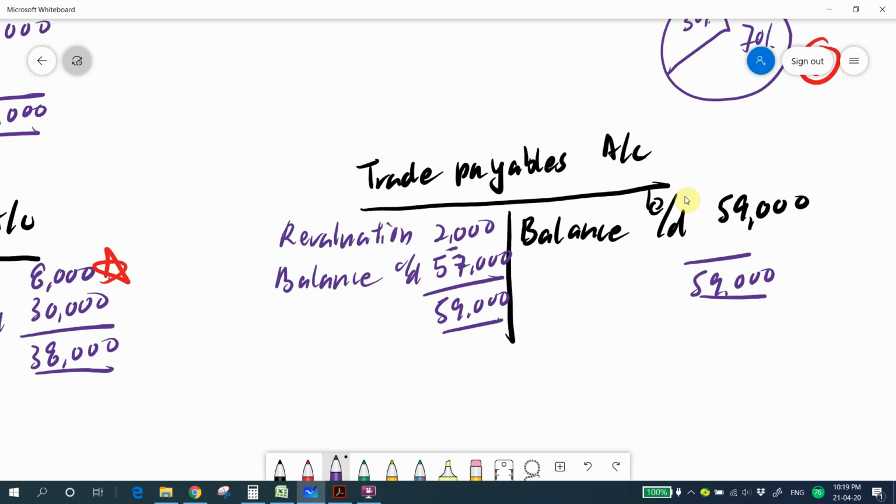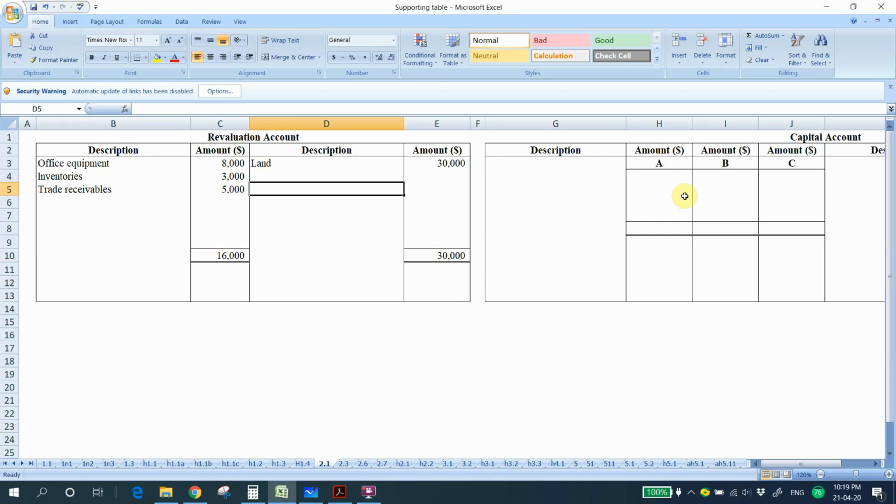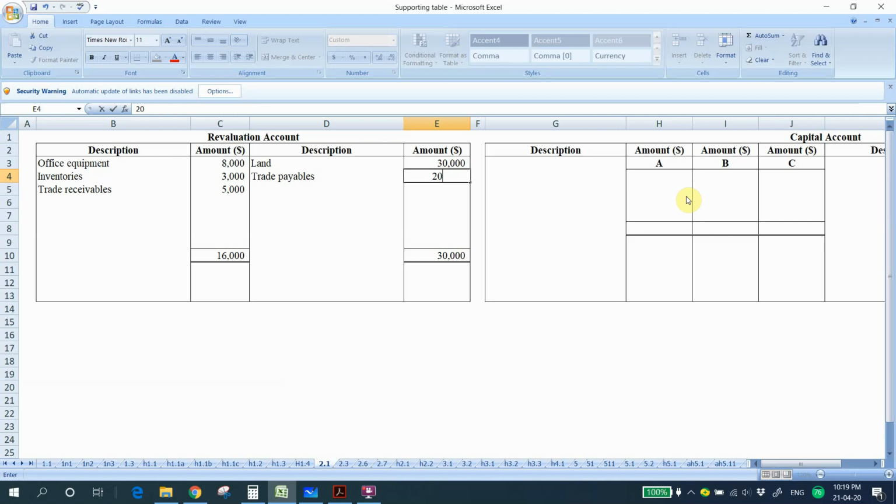By posting a debit entry in your trade payables account, your revised trade payables will become 57,000. So we debit the trade payables account, so the revaluation account will become credit, and the amount is 2,000.